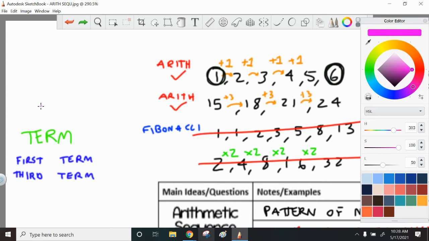When it comes to terms, we're going to use a lowercase a followed by a number. So for example, the first term is a with a little 1. The third term is a with a little 3. The 10th term, meaning the number that comes 10th in line, is just a with a little 10.